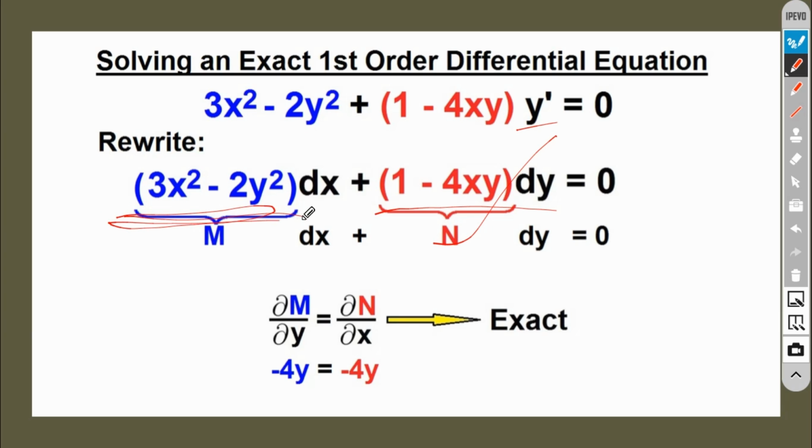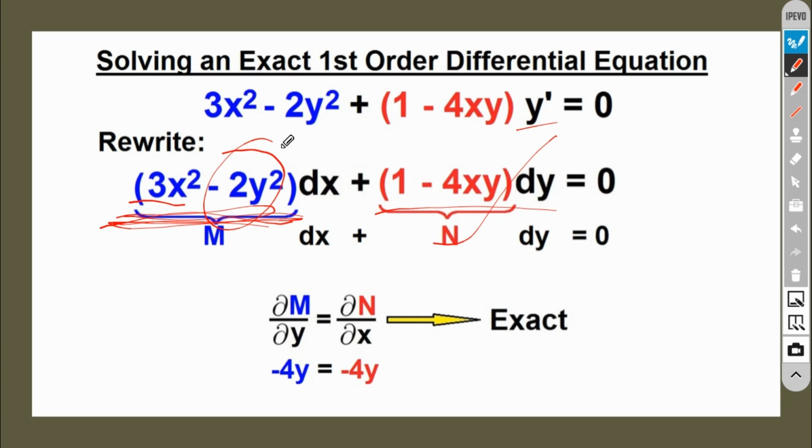If we take the partial derivative of M with respect to y, the partial derivative with respect to y, x square is constant, and the partial derivative of minus 2y square is minus 4y.